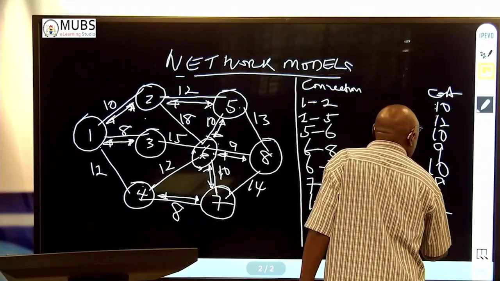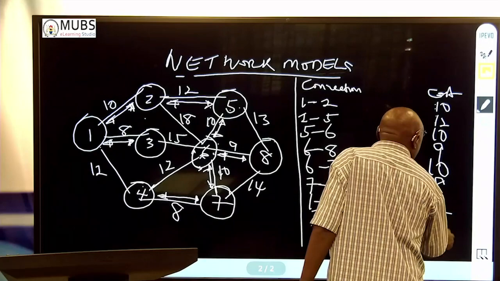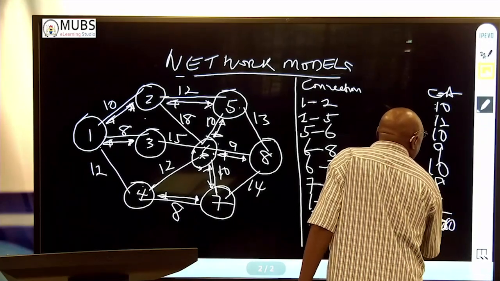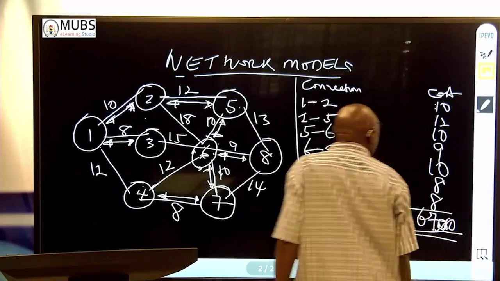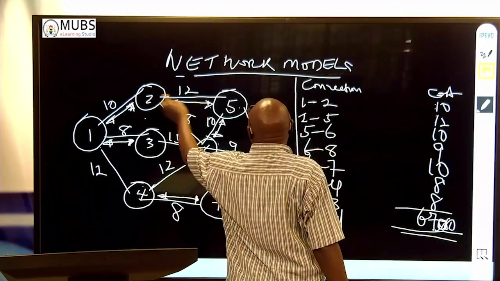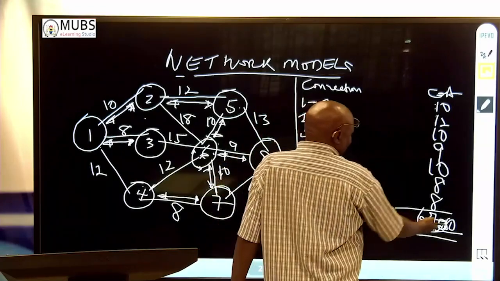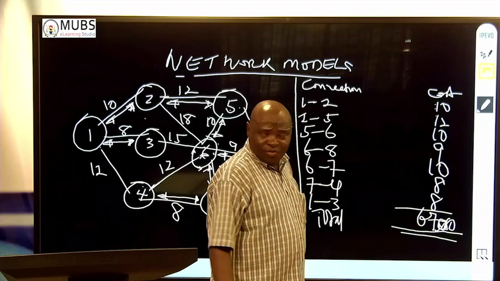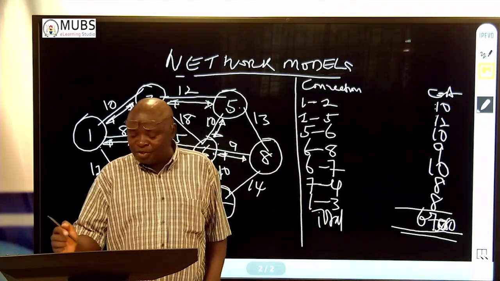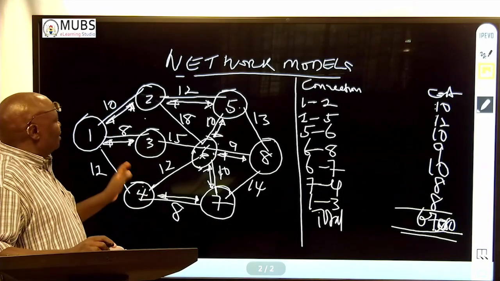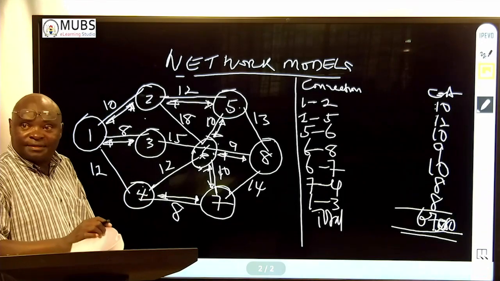So the total will be 6, because there are hundreds of units, 600 hundreds of units. So this will be the solution. 67. When you add it in single terms, because these are hundreds of feet, whatever material you are using would be about 6,700 units of material being used. And in this case, all the housing estates have been connected.